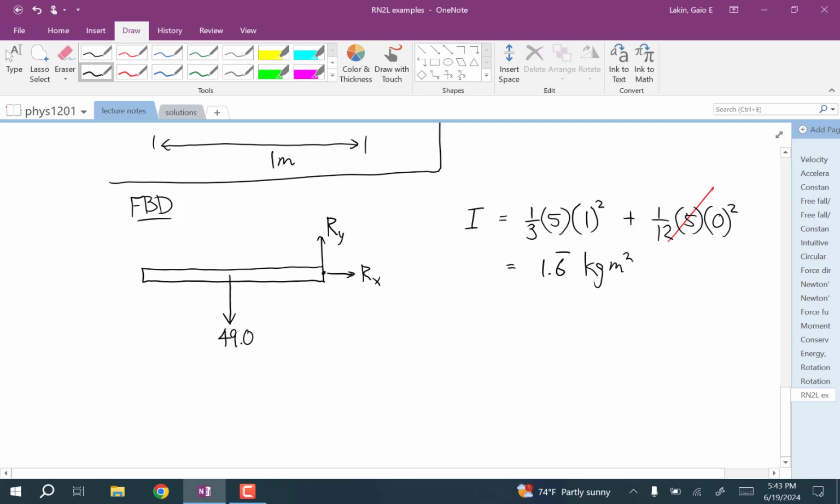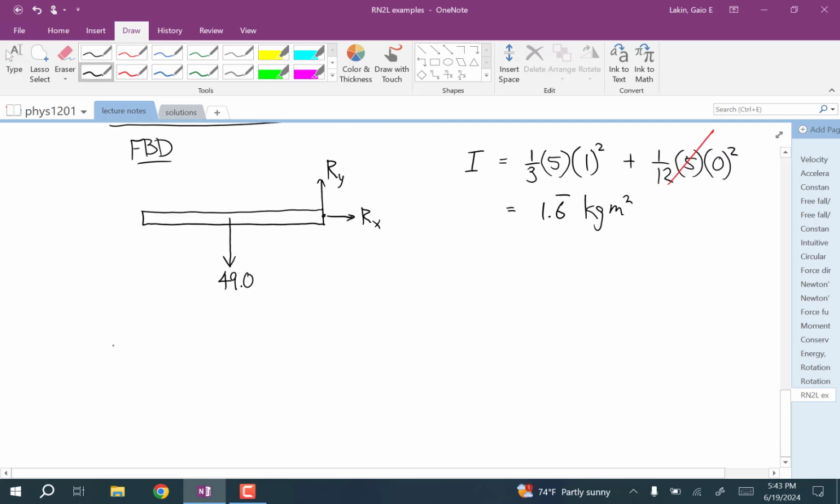And now we have to calculate the moments applied to this body by the forces. So the moment or the torque applied by those forces R is 0, like it always is. The moment applied by this 49 Newton force, I guess I'll call it mg, is plus or minus 49 times the distance from the hinge to where the force is applied.